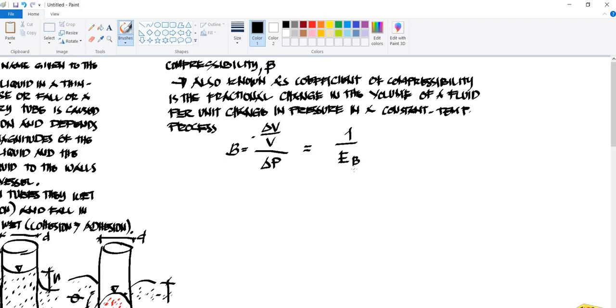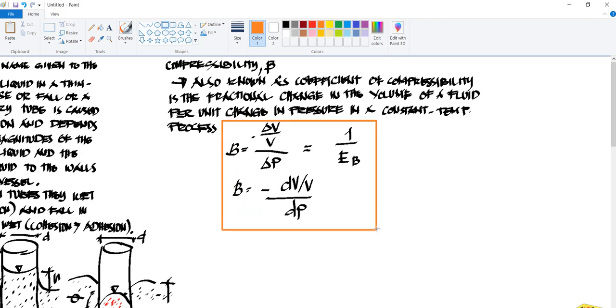So that will be EV, which is defined as the bulk modulus of elasticity of fluid. Or we can express your equation as negative change in volume divided by your volume, divided by the differential change in pressure.